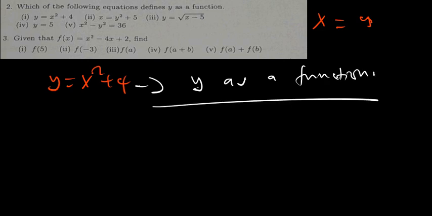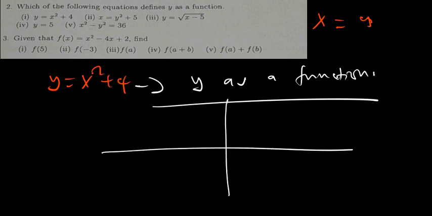So for any function, make y the subject of the formula. If y is squared, then that does not define y as a function. Is that okay? What I mean here is this: if you have a function, for example the first one, and I sketch it, 4 is there, so it will be like this, and this one is making sense.